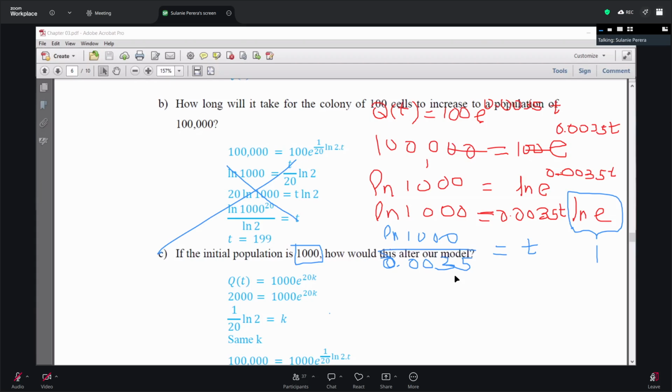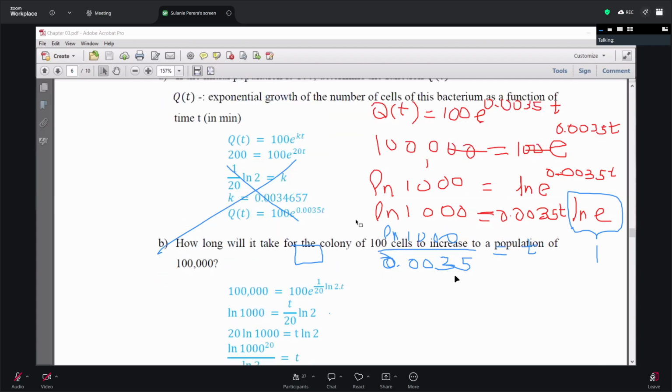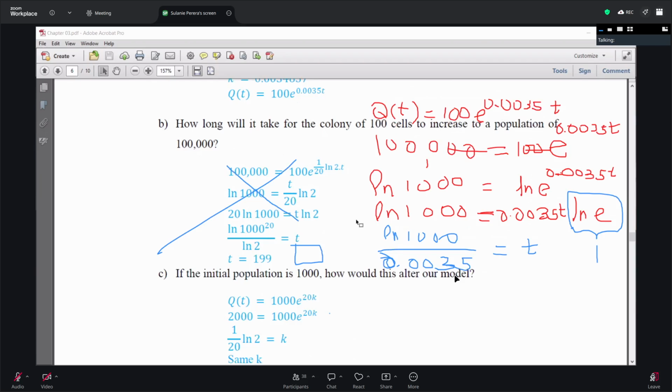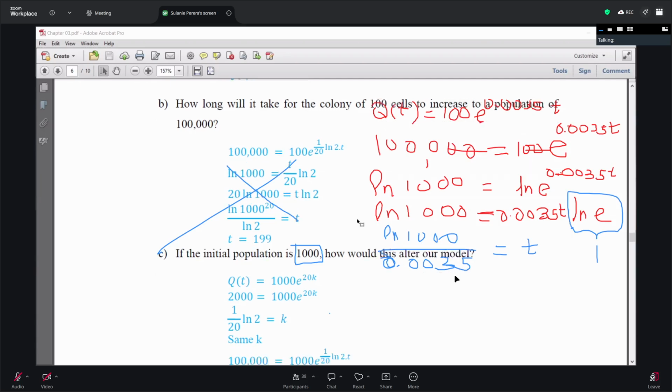What is the answer for k? Did you all find k in part C?